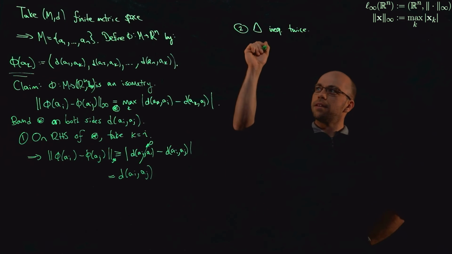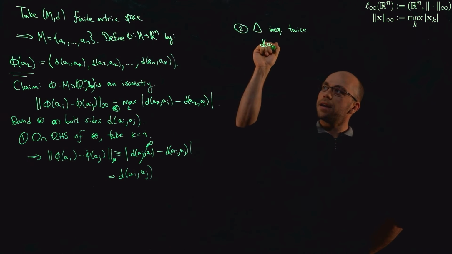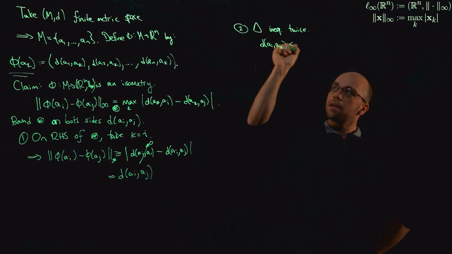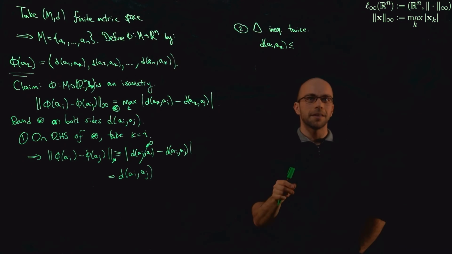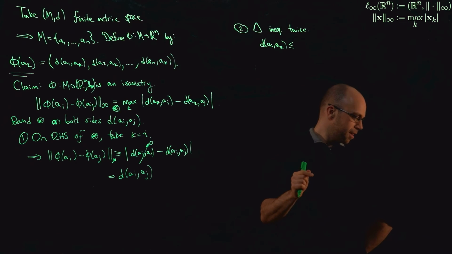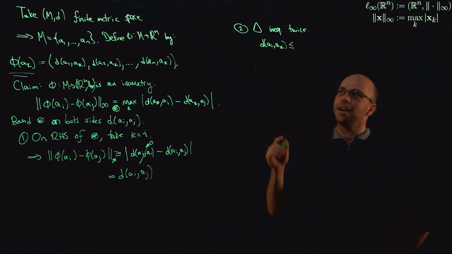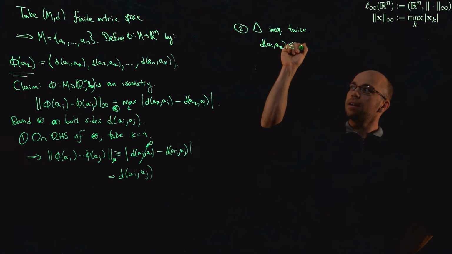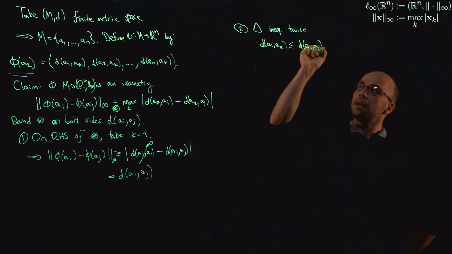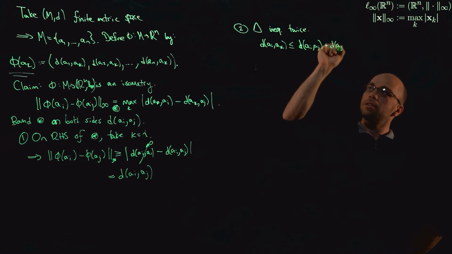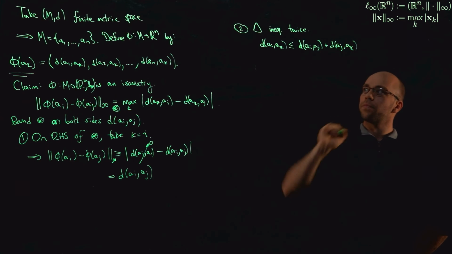We know that the distance d from AI to AK is upper bounded by cutting through any other AJ, so this is upper bounded by d of AI AJ plus d of AJ AK.